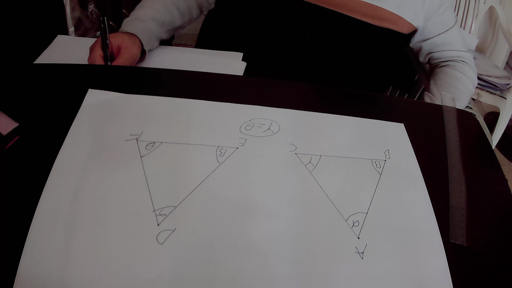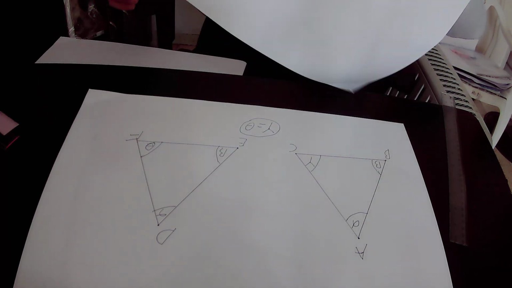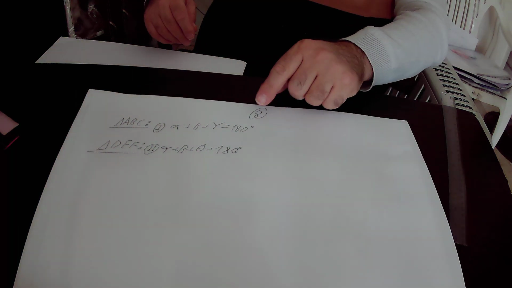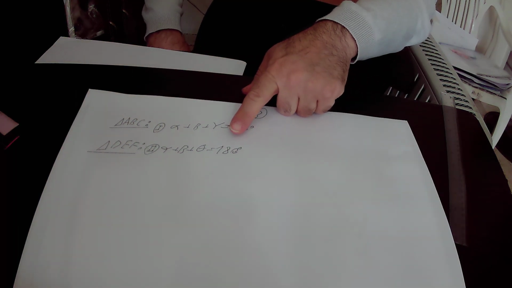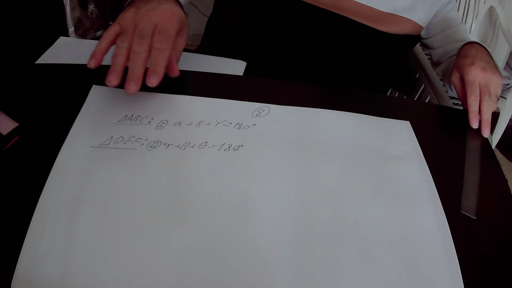According to the rule that is stated, the sum of the angles in any triangle equals 180 degrees. So therefore, in triangle DEF, alpha plus beta plus theta equals 180 degrees. Okay.